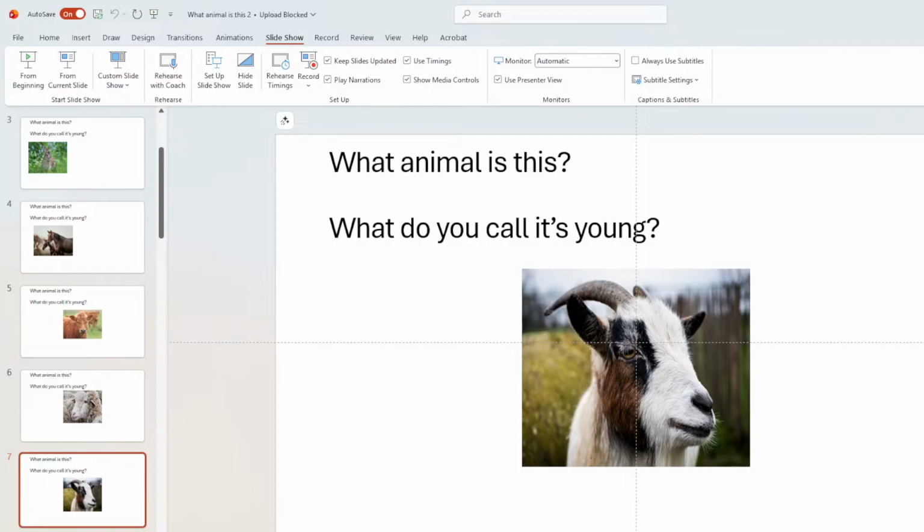When you look at it, what do you see? What animal do you see right there?